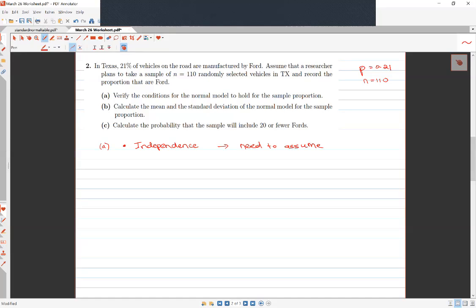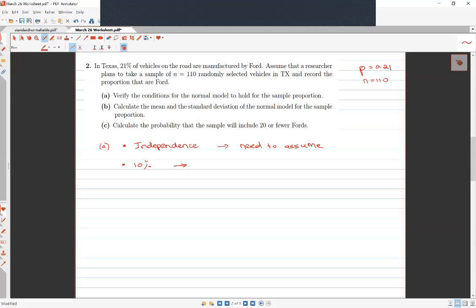Secondly, we want to check whether the 10% condition holds. This condition says my sample size cannot exceed 10% of my population size. Population size would be all vehicles in Texas. And how many vehicles do we have on the road in Texas? Several million.